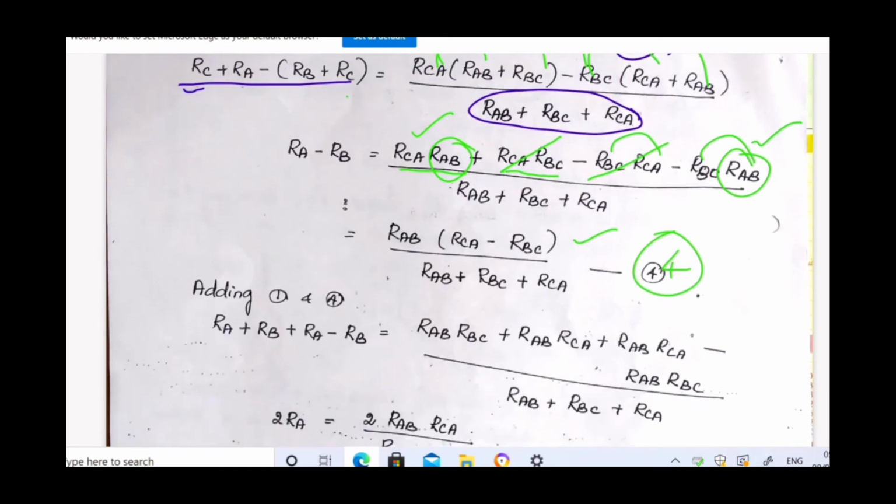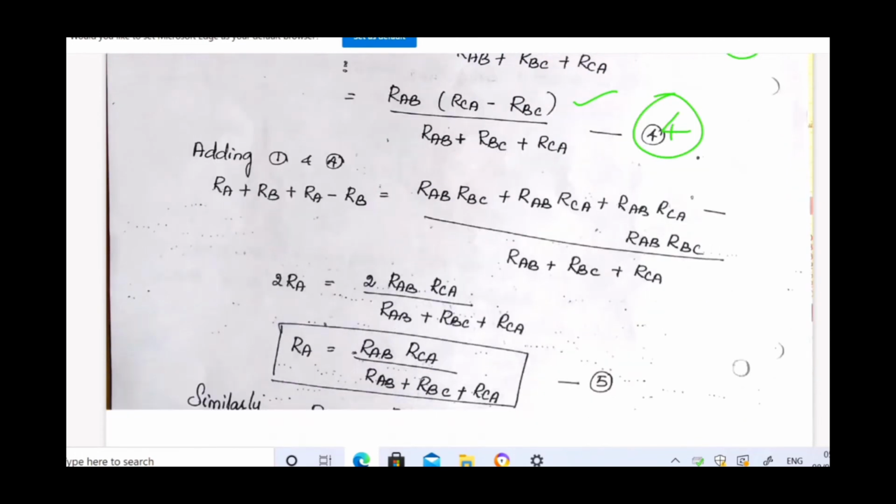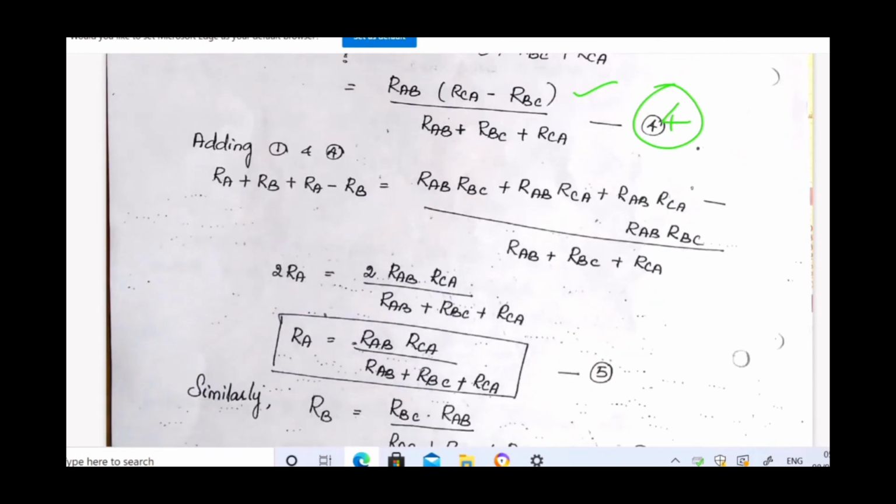Then add equations 1 and 4. RA plus RB, then RA minus RB. Write all the terms. See here in this term RAB RBC gets cancelled.